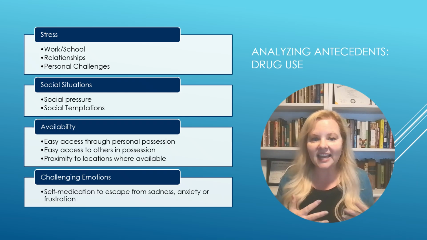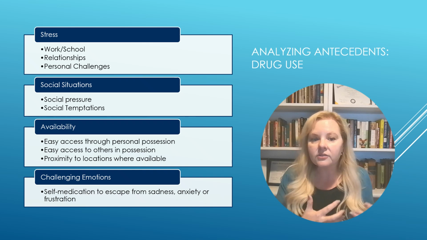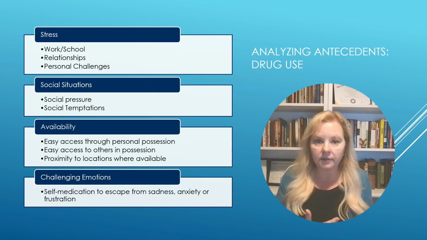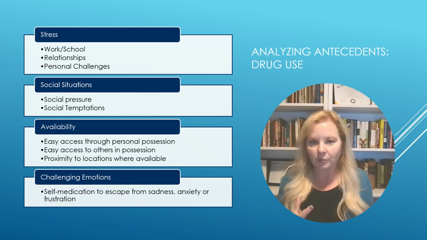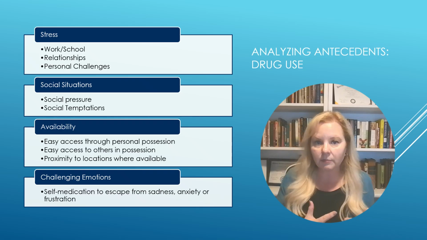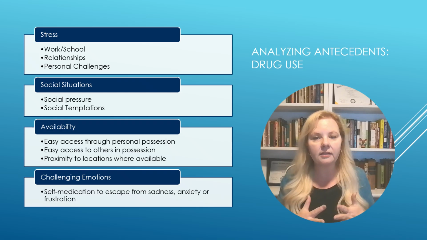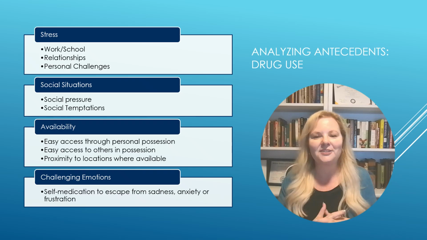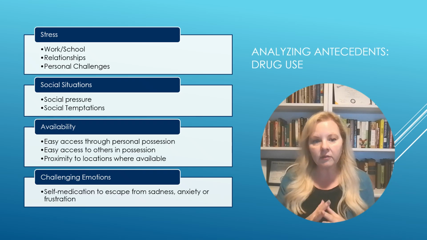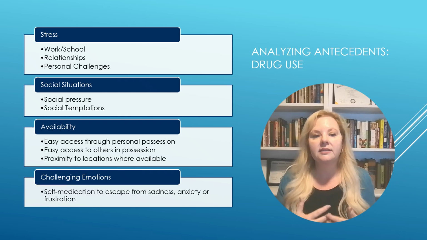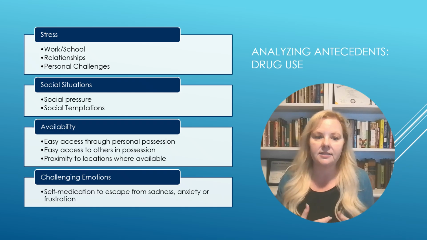So, is there easy access through personal possession? Is there easy access to others in possession who might share with them or give it to them or sell to them? Or is there proximity to locations where that drug is available? And we also look at challenging emotions, which can be hard for behavior analysts to quantify and to be able to track and observe, but it is important that we keep these in mind when we're analyzing antecedents.